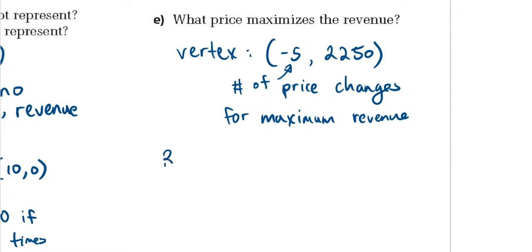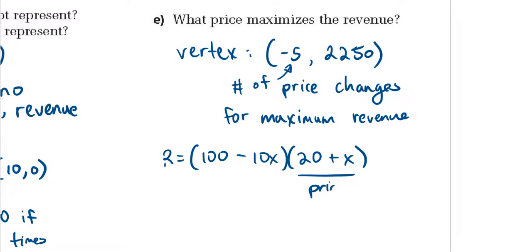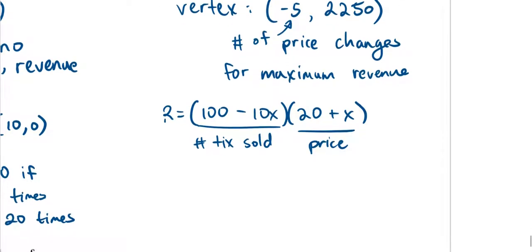So the revenue, remember the revenue is equal to 100 minus 10x, and that's multiplied by 20 plus x. 20 plus x is my price. 100 minus 10x is the number of tickets sold. TIX for short.